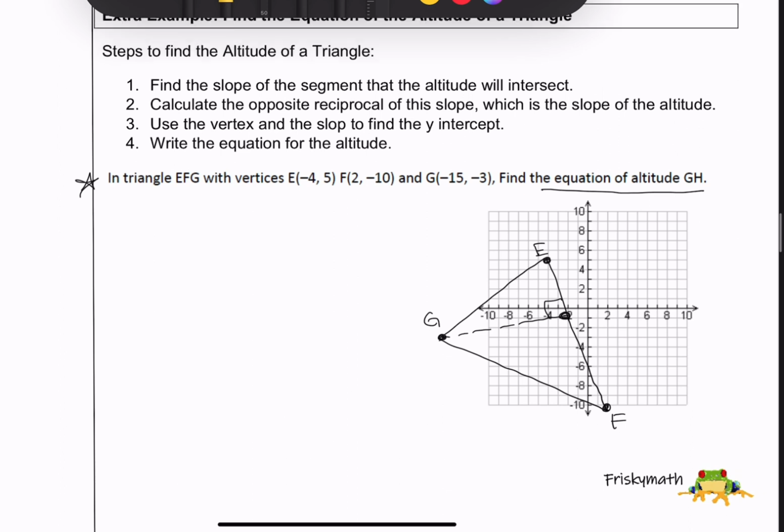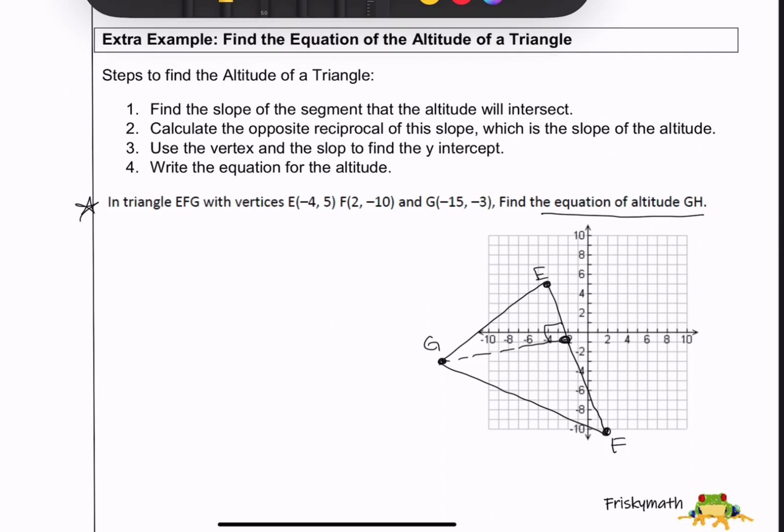All right, so first of all, we find the slope of the segment that the altitude will intersect. Which segment does the altitude intersect? That is correct. It intersects segment EF. So I need the slope of segment EF.